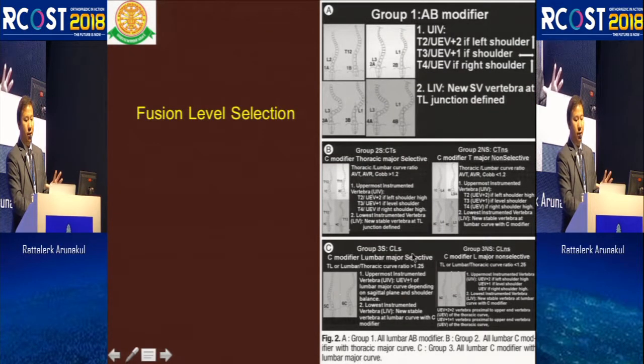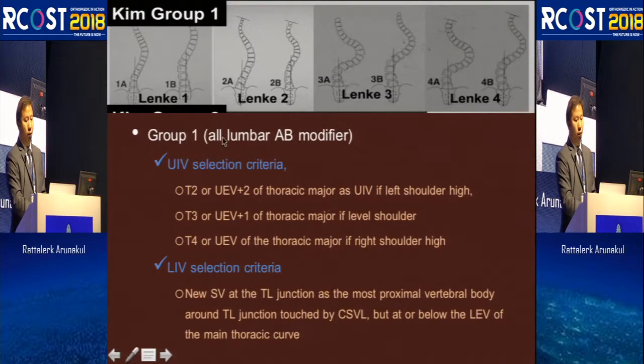This is a summary table I broke out. Group 1 is all lumbar A and B modifiers. For the UIV selection criteria, you choose T2 or UEV plus 2 of the thoracic major as UIV if the left shoulder is high.